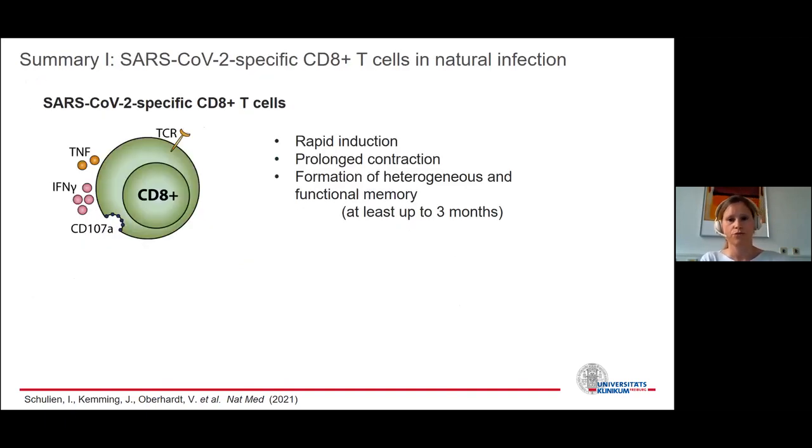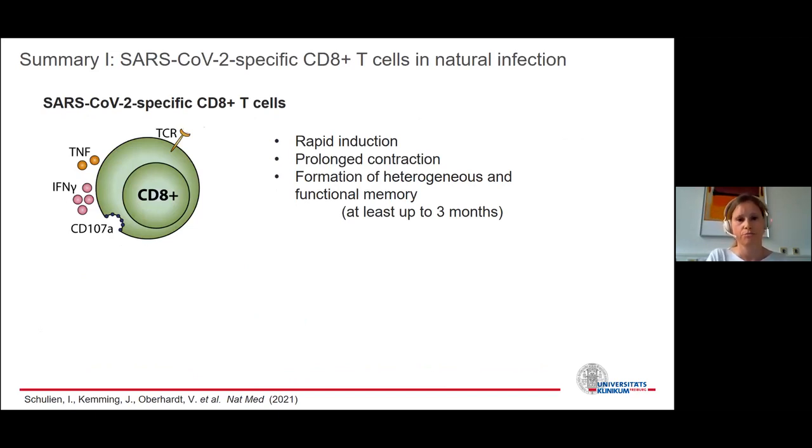So to sum this first part up, we saw a rapid induction, a prolonged contraction, and the formation of a heterogeneous and functional memory, at least up to 3 months, of the SARS-CoV2 specific CD8 T cells in natural infection.